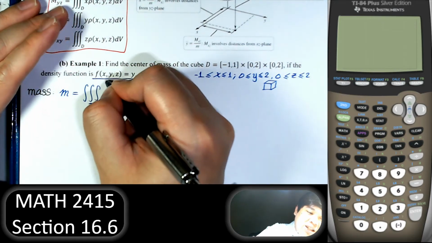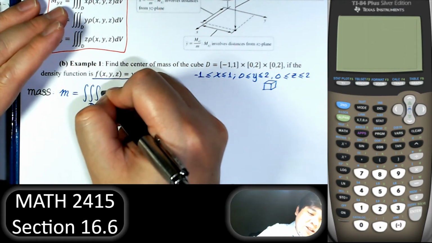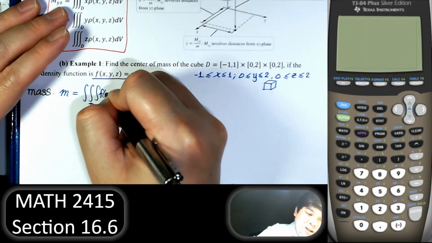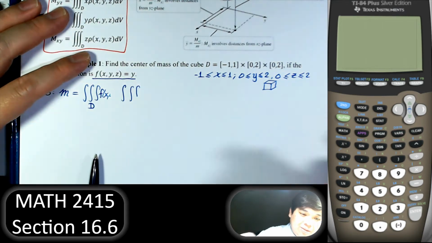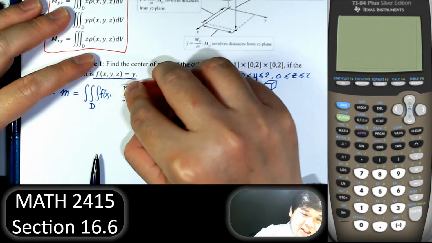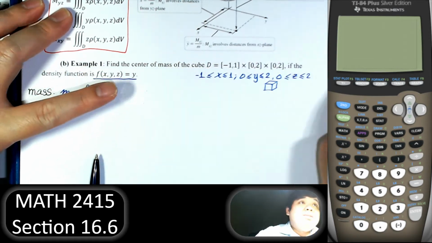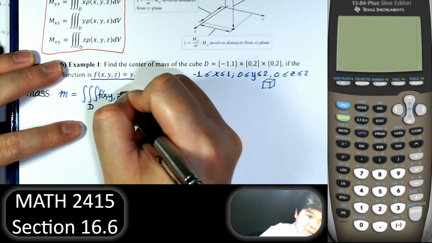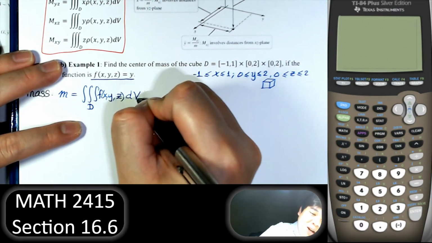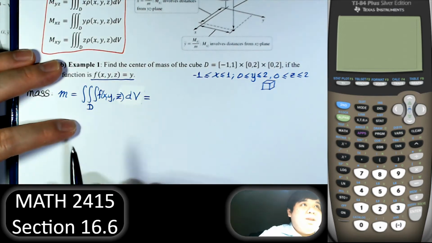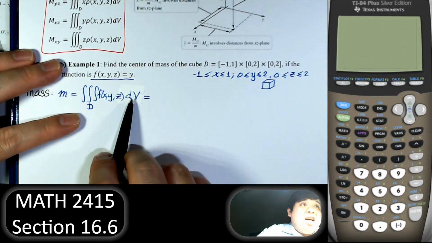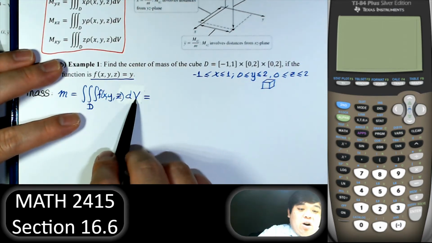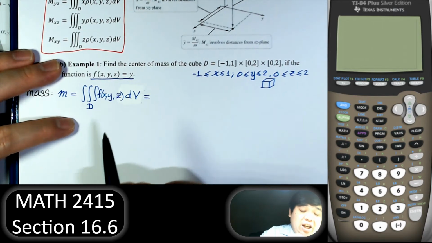Then we have the density function. Sorry, I should write completely before I start talking, or write something else. Right. So the triple integral gives us the volume, multiplied by density, gives us the mass.